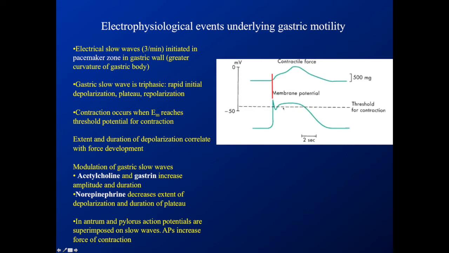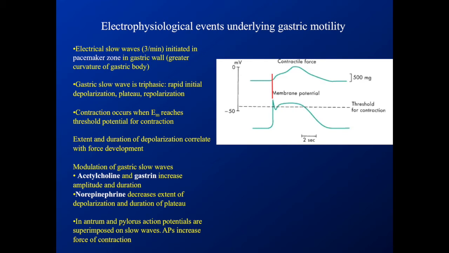And in order to get any kind of contraction at all, the membrane potential has to break this threshold for contraction. The modulation of gastric slow waves is by acetylcholine and gastrin, which will increase the amplitude and duration of these slow waves, and then norepinephrine decreases the extent of depolarization and the duration of the plateau.